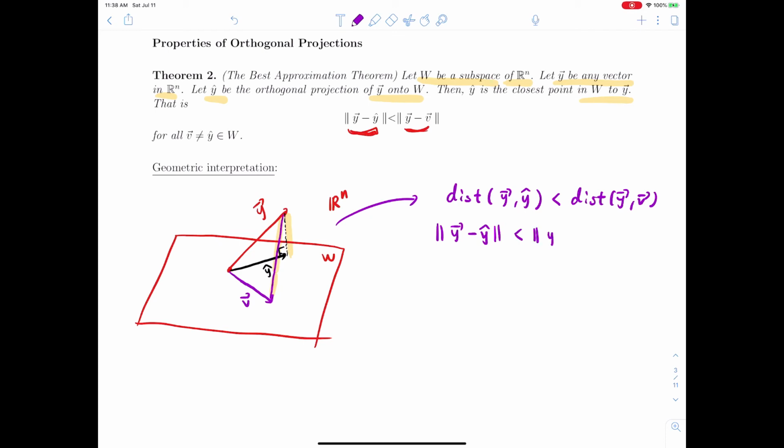So we get the desired inequality, and v is any vector inside W which is different from the orthogonal projection of y onto W. From this point of view, we call this theorem the best approximation theorem, and we will discuss it in more detail in section 6.5.